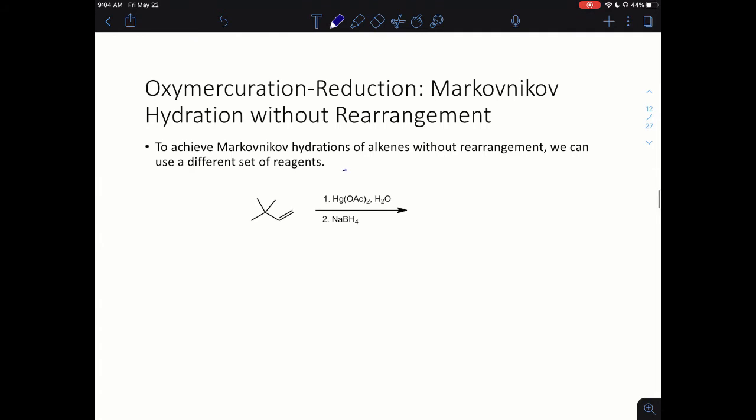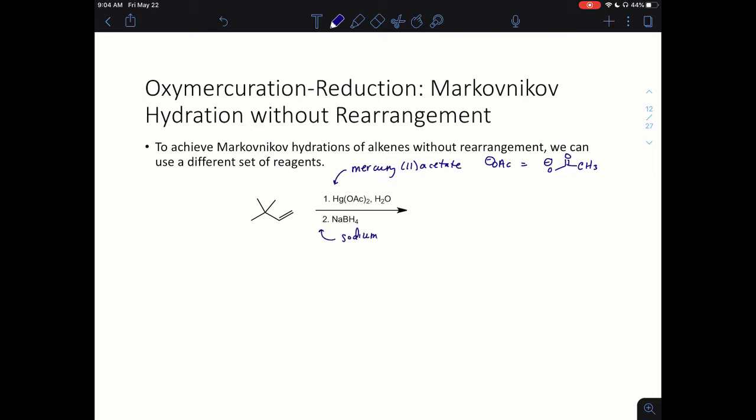So let's look at what we have. We have mercury 2 acetate. Acetate here, just to be sure you understand what that is, is the conjugate base of acetic acid, and it's the counter ion for mercury. We have water, and then the second step we have sodium borohydride.